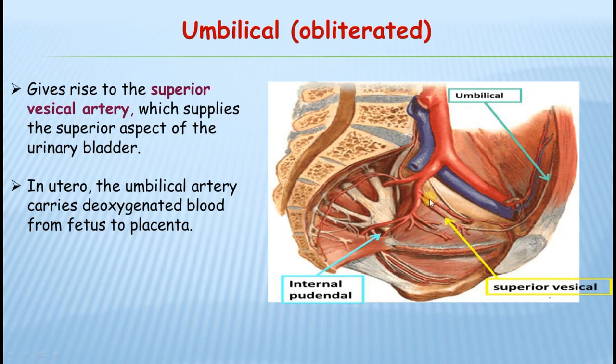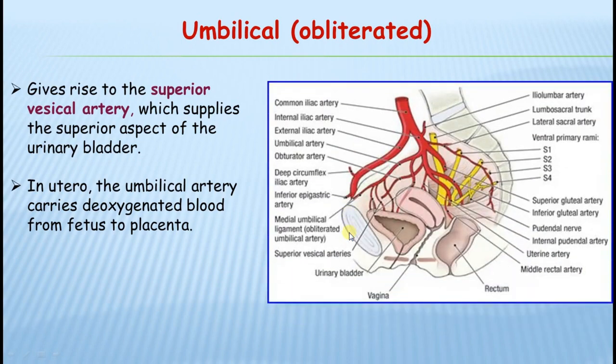And the umbilical artery obliterates at the distal part. Its function in utero is to carry deoxygenated blood from the fetus to the placenta. So this part, the obliterated umbilical artery, degenerates into the medial umbilical ligament.